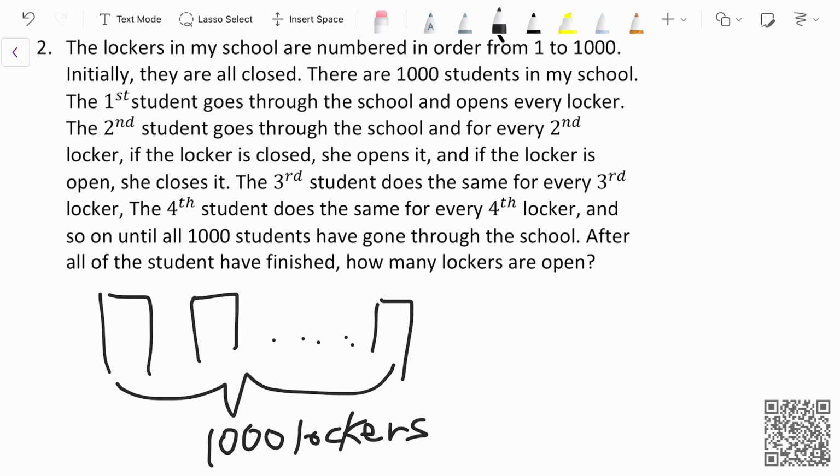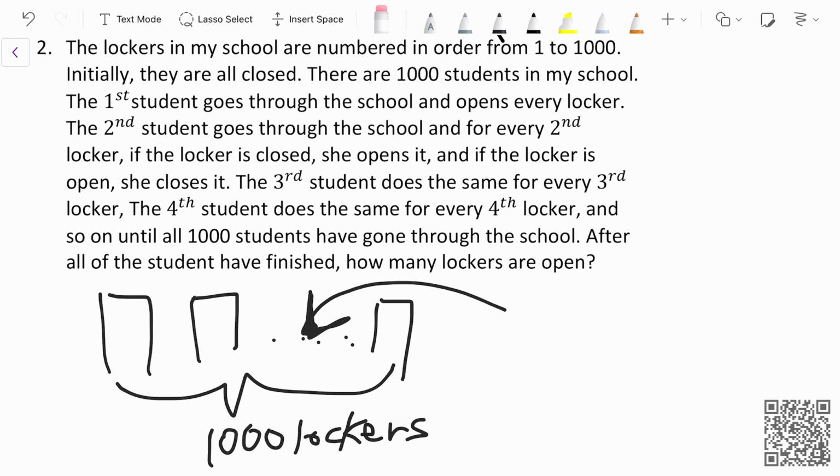Say that we randomly pick a locker from somewhere in the middle. How many people open and close this locker is equivalent to how many factors it has. Say 8. The people who open and close it are going to be the people who go as the factors of 8, like 1, 8, 4, 2, and so on.